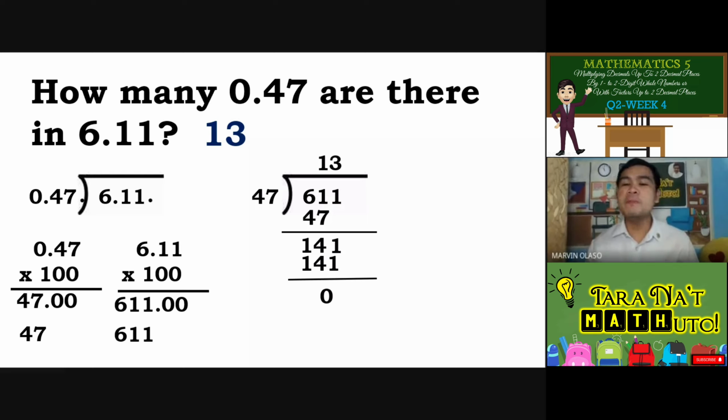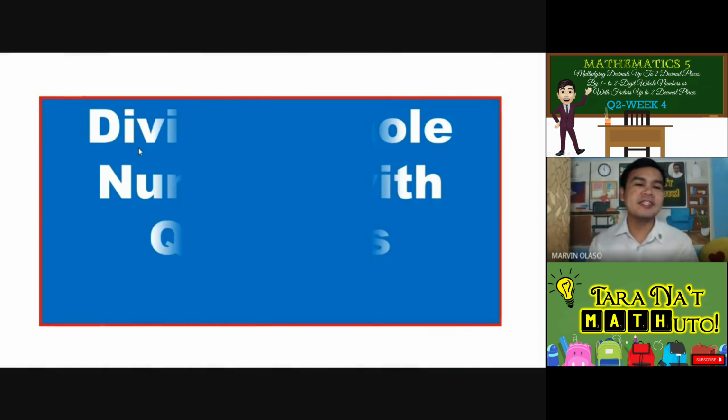There is no remainder. So, how many 47 hundredths are there in 6 and 11 hundredths? The answer is 13. Did you understand? All right. Congratulations. Now, let's proceed to our next topic.